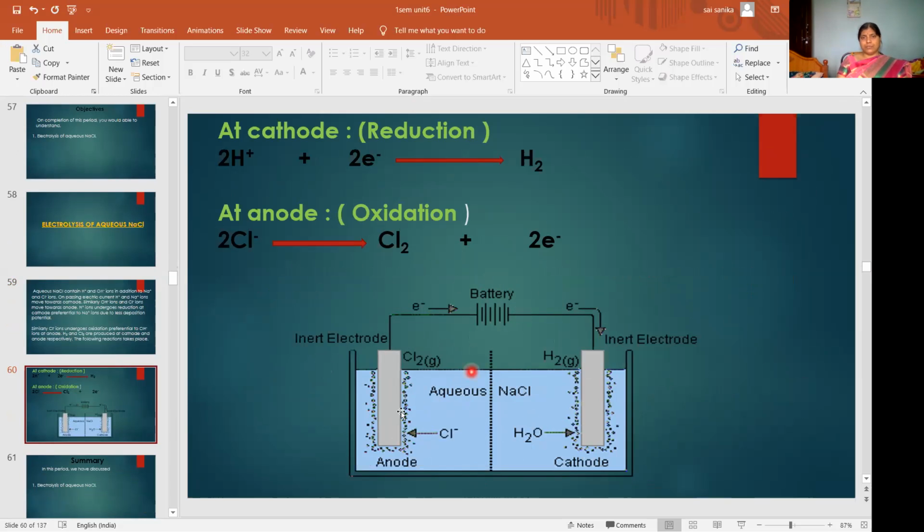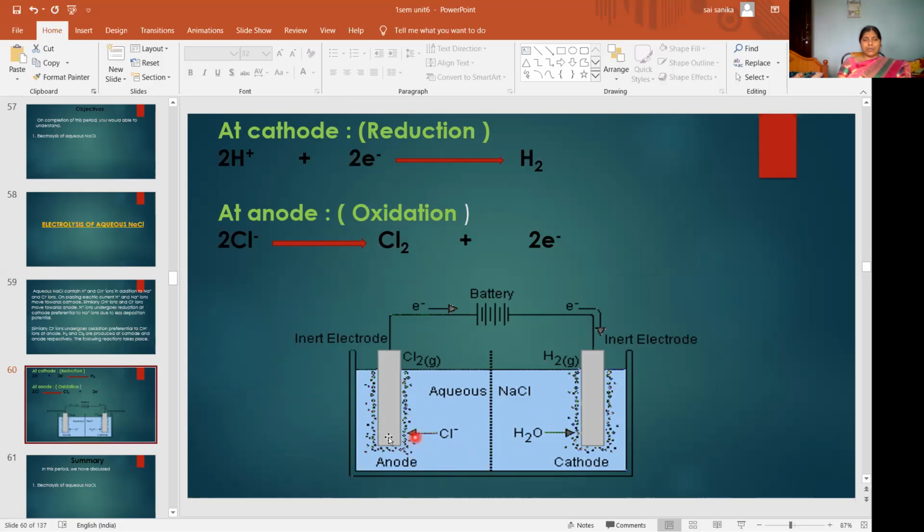The rod connected to the positive pole is called the anode, and the rod connected to the negative pole is called the cathode. Electricity passes into the solution, and the ions present move towards the respective electrodes. After moving to the electrodes, chemical reactions take place.